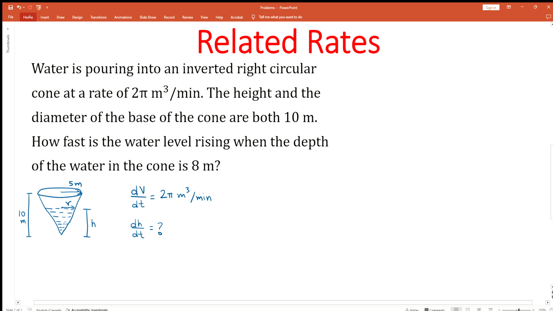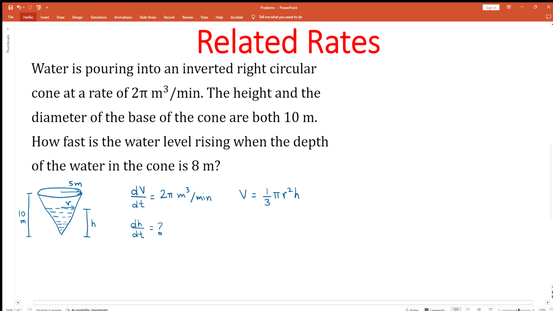Since we are given the rate at which the volume of water is increasing in the cone and the water takes up the shape of the cone, we should analyze the formula for the volume of a cone to solve this problem. The formula for the volume of a cone is V = 1/3 π r² h. In this formula, we have three variables: V, r and h.